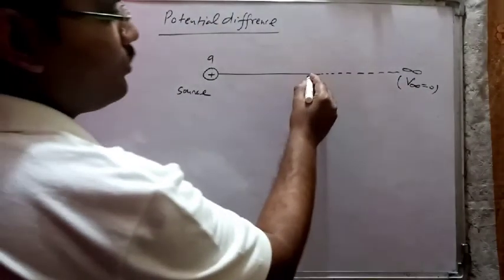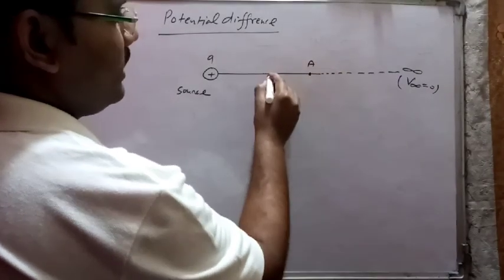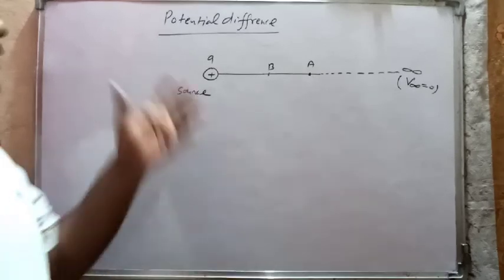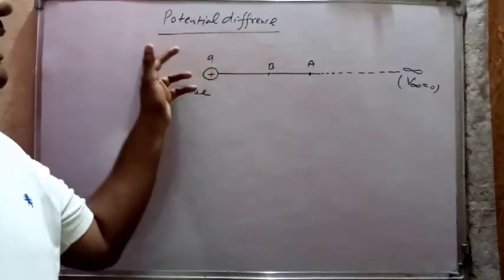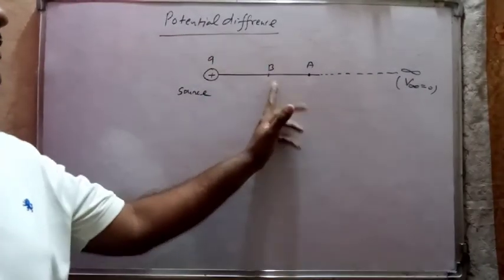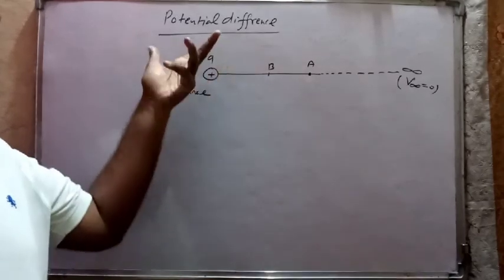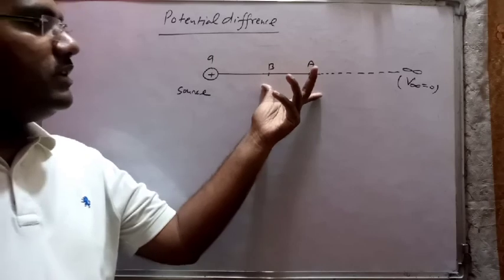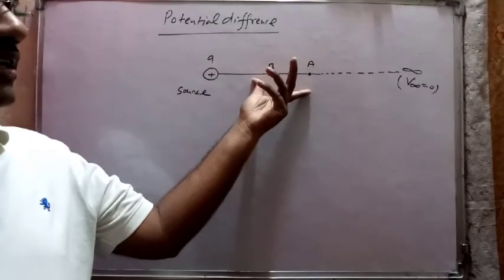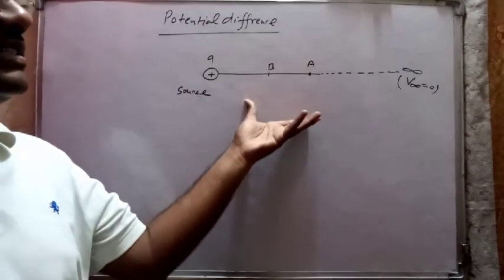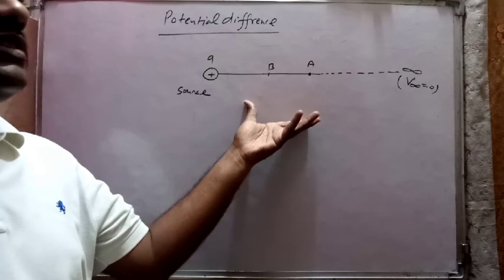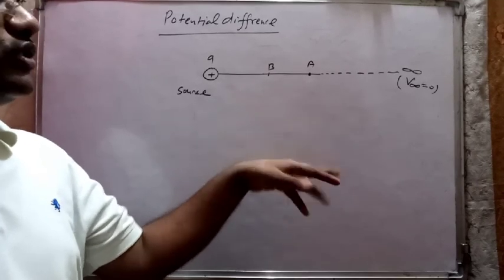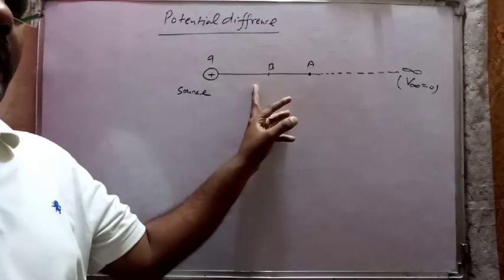Now here we take 2 points. This one is the point A and this one is the point B. We have to define the potential difference between A and B. What is the definition of potential difference? Potential difference between any 2 points inside the electric field is defined as the amount of work done in moving a unit positive test charge from one point to another point.